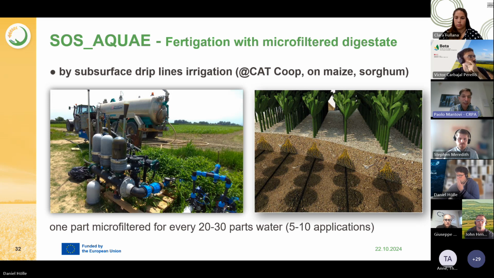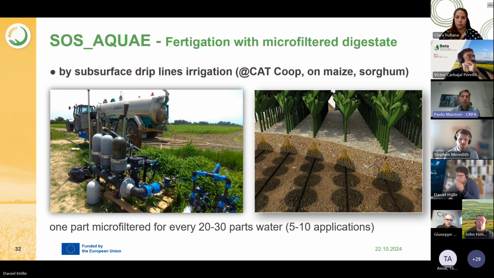What is important is that the drippers of these drip lines have a minimal dimension of more than 100 micrometers.